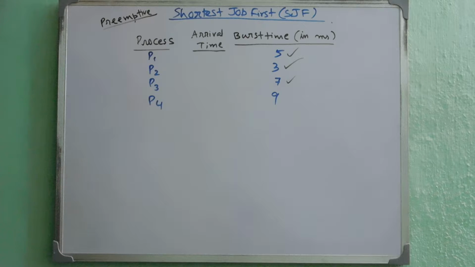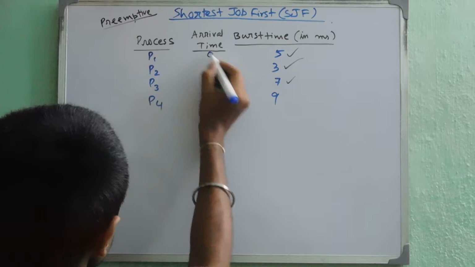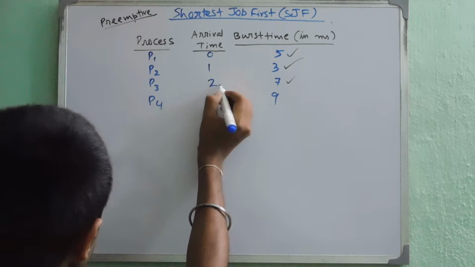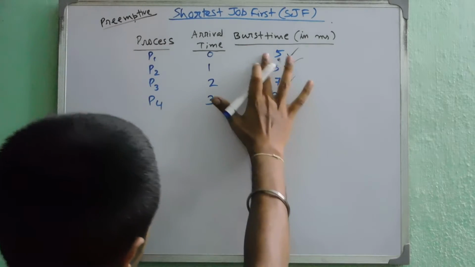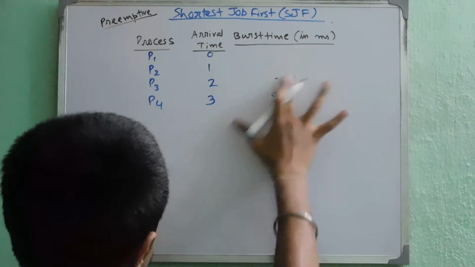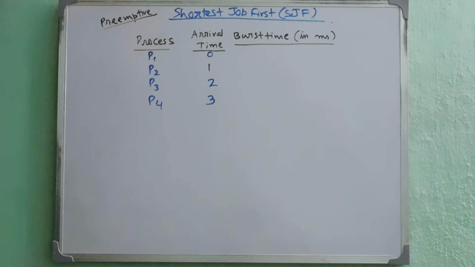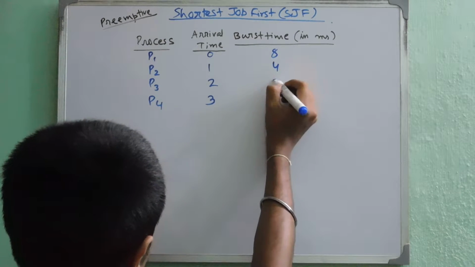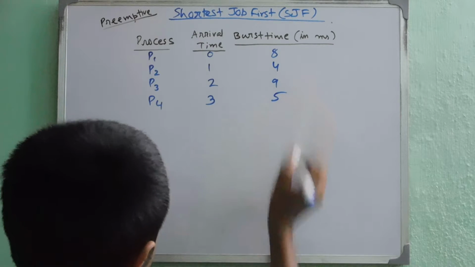So the arrival time for P1 is 0, that for P2 is 1, for P3 is 2 and for P4 is 3. And I will also change the burst times. So this one is 8, this one is 4, 9 and 5.